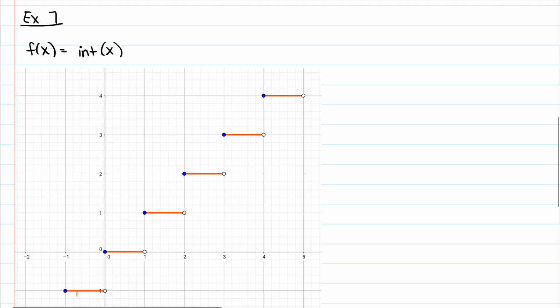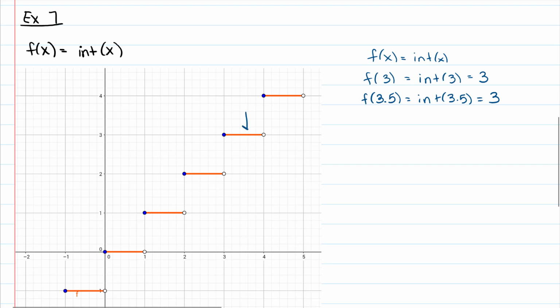So for example, if f of x is int of x, and I want to find f of 3, it's int of 3, which is just 3, because if you round 3 down, you get 3, and that's why we have a solid dot at 3. If I want to find f of 3.5, it's int of 3.5, which is also 3.